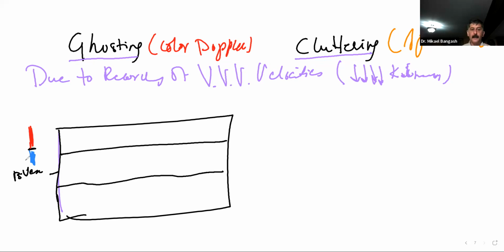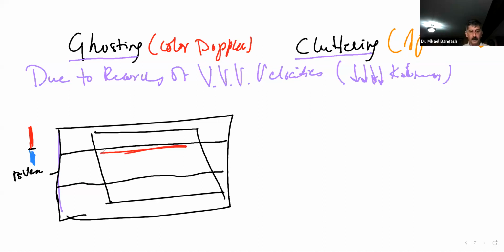Assume that we have a positive Doppler shift in this blood vessel here, which means the blood vessel is going to be filled up with red color.